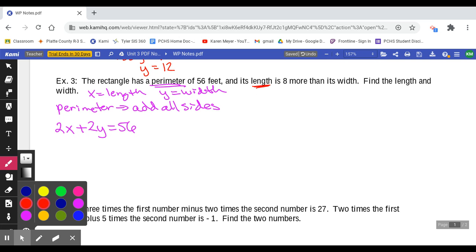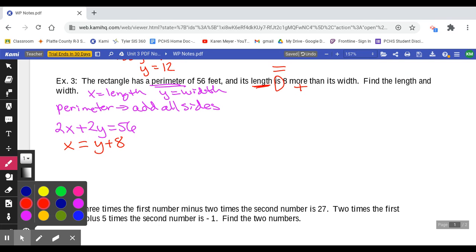Well, length is x. Is stands for equals 8 more than the width. Well, more stands for addition. So that would be width, which is y, plus 8.